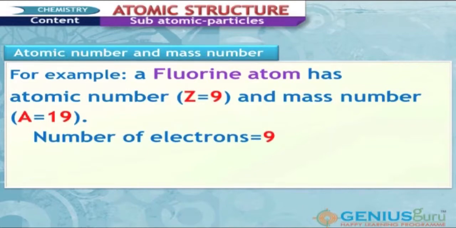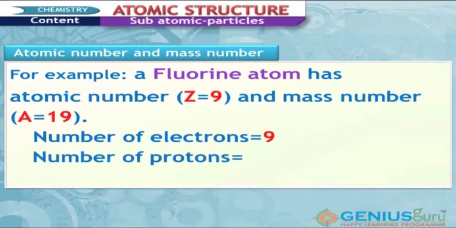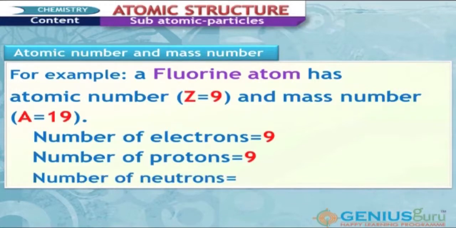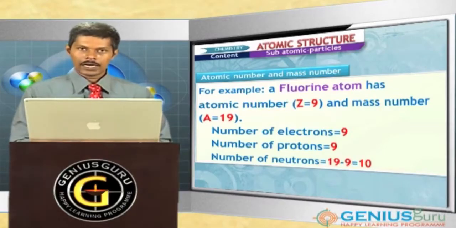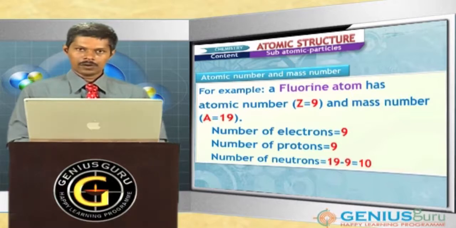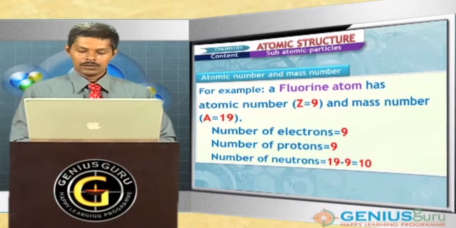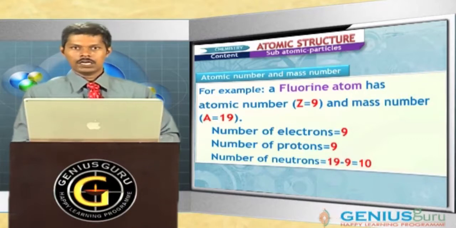The number of neutrons is equal to 19 minus 9, which is equal to 10. So the fluorine atom contains 9 electrons, 9 protons and 10 neutrons.